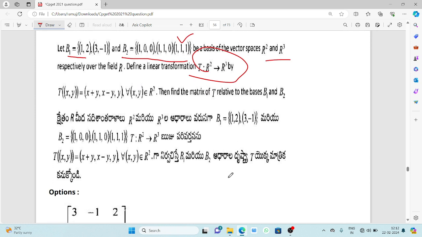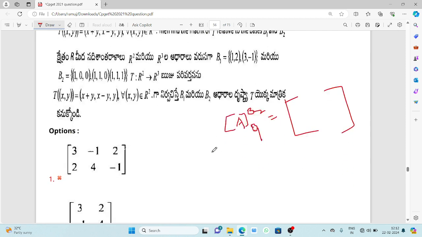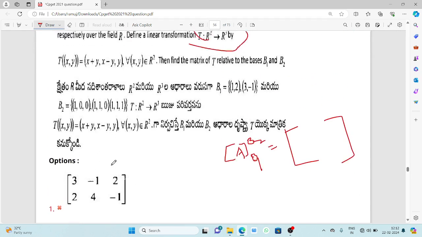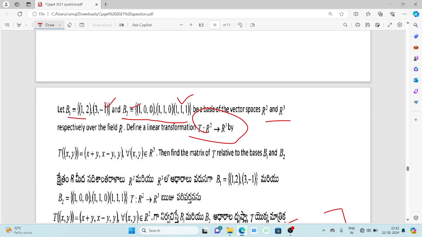This is a big process, but I will tell you the idea of how to solve it. Suppose I have a matrix A. He already provided the two basis vectors, so by using the standard basis and the ordered basis, you will get one matrix A. That is the given matrix. This is the formula; by using these bases, you can find the matrix.